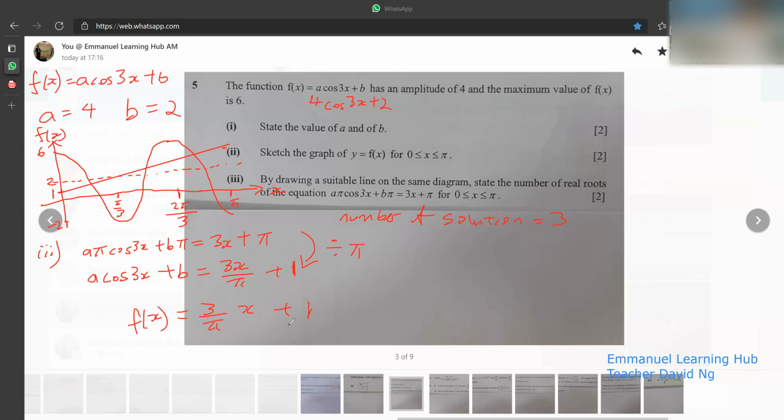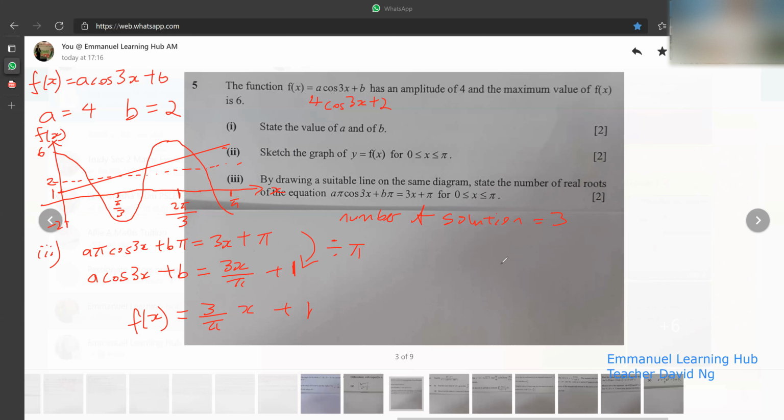So your f(x) is mx plus c, with gradient 3 over pi and y-intercept 1. When x is pi, you get 3 plus 1 is 4, which is the midpoint between 6 and 2. Then you just draw a straight line and count the number of intersection points, which is 3. So the number of solutions is 3.